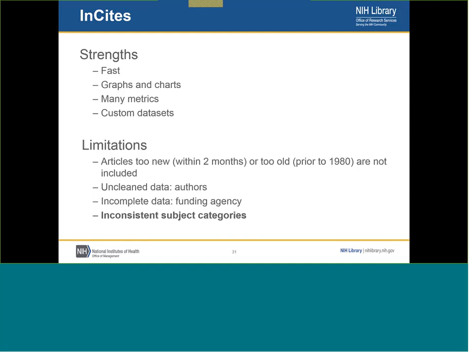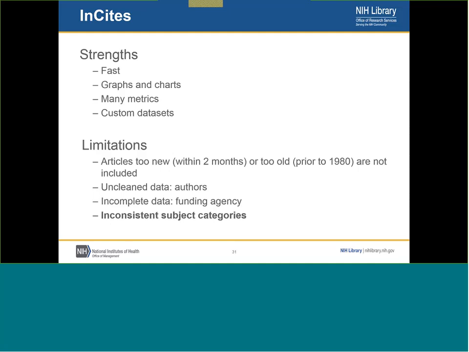But I think the biggest problem is the inconsistent subject categories. Web of Science has subject categories, remember. They assign the journals they index to several subject categories, and any article appearing in a specific journal will inherit those subject categories.